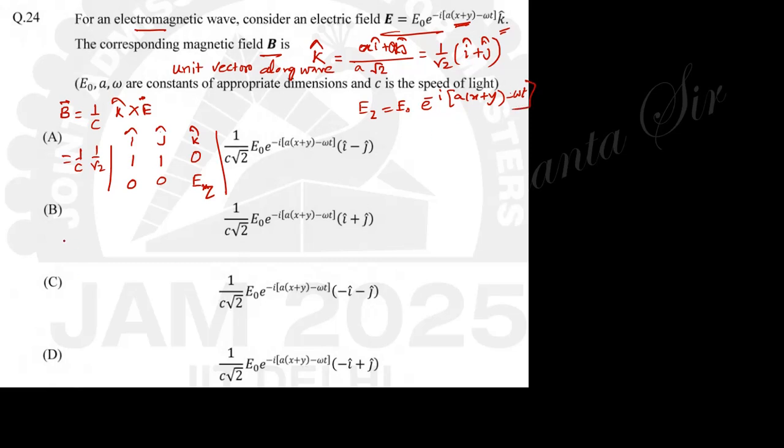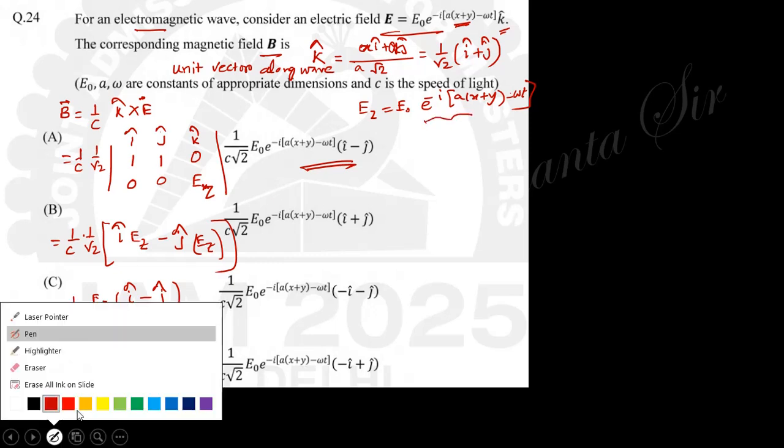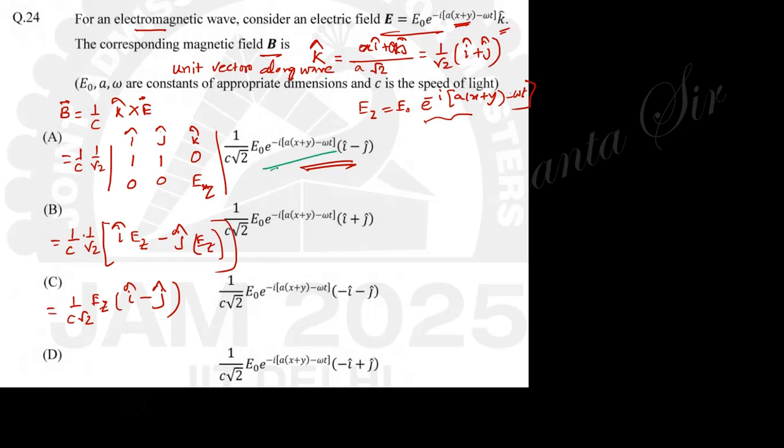Taking the cross product, 1 by c root 2, Ez is common, times (i cap minus j cap). So i cap minus j cap is present, and if you put in this Ez, it is the same thing. So option A is the correct answer of this question.